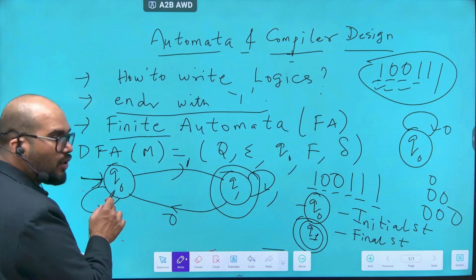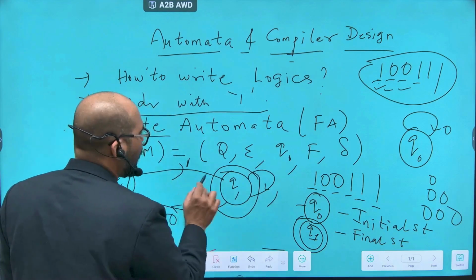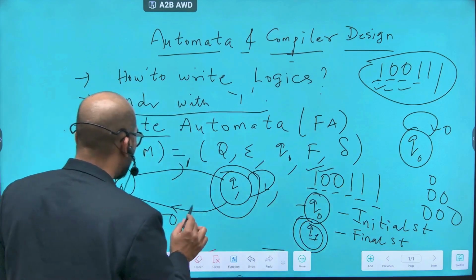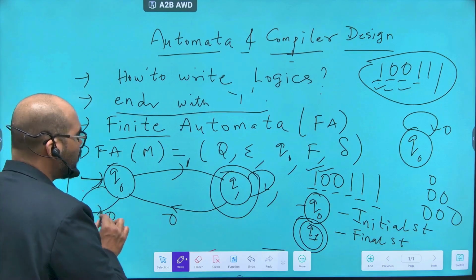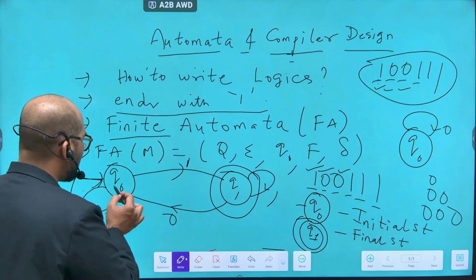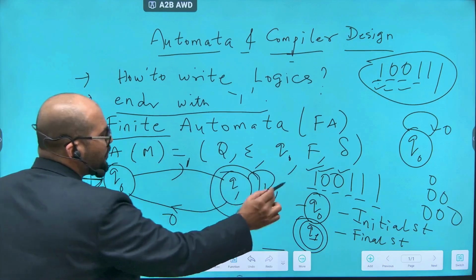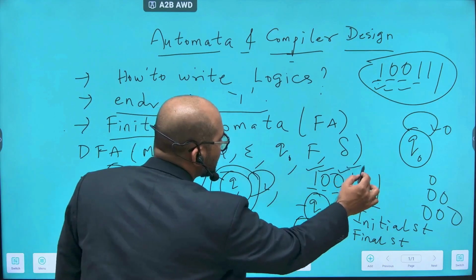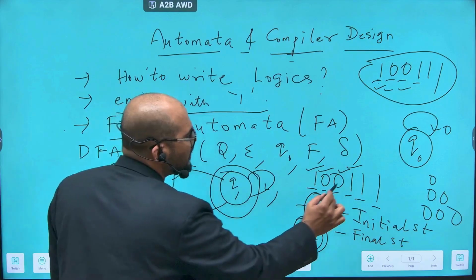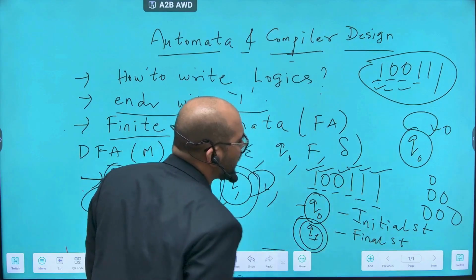and with the next input symbol it moves again to Q0. So 1 is satisfied, 0 is satisfied. The next input symbol is one more 0, so the self move happens only once. Then 1 is satisfied, and Q1 has a self move with this 1, so it moves 2 times.